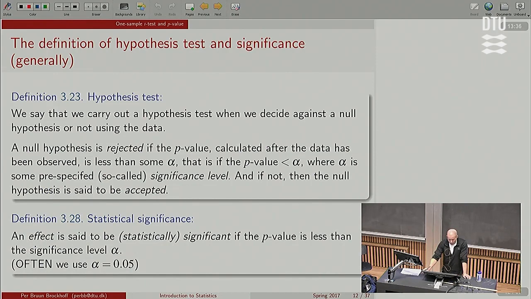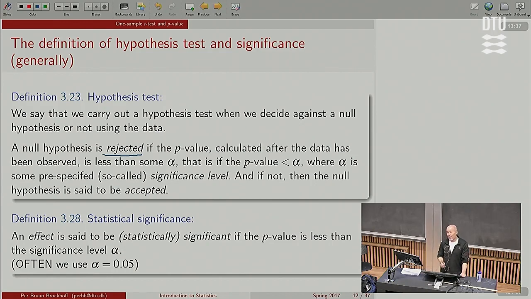I've done this already, but let's take the words formally again. What we've done now is a hypothesis test. We use the terminology that we reject the null hypothesis if the p-value is small, to say it briefly. We can define the level of smallness in different ways.